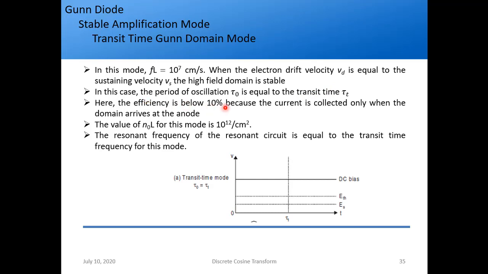However, the efficiency is below 10% because the current is collected only when the domain, that is the high field, arrives at the anode. That is the reason the efficiency is low.